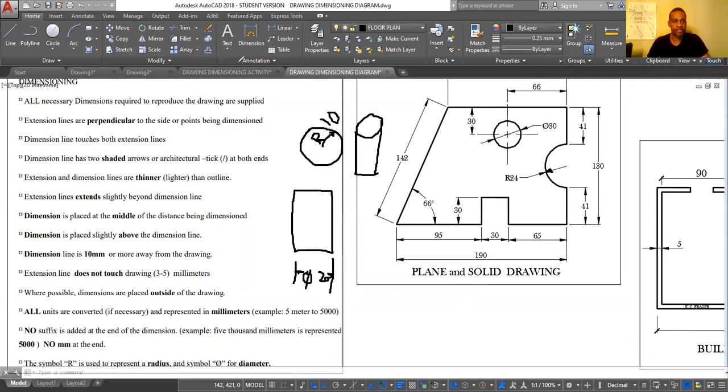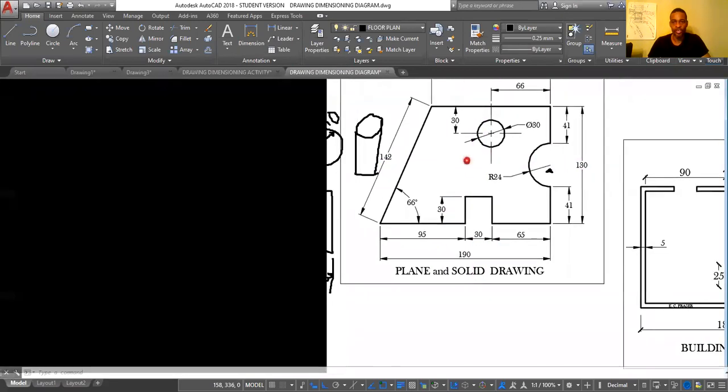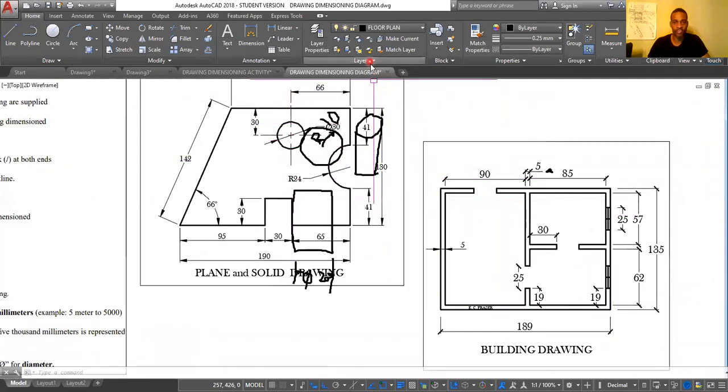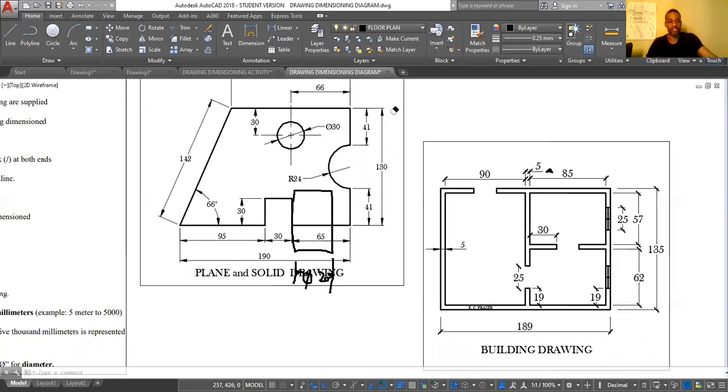So let's review what we have gone through so far. For dimensioning, remember, when dimensioning a figure, always ensure that you provide all dimensions necessary to complete the drawing. Very, very important. Next thing, always check to ensure that your extension line doesn't touch the drawing.